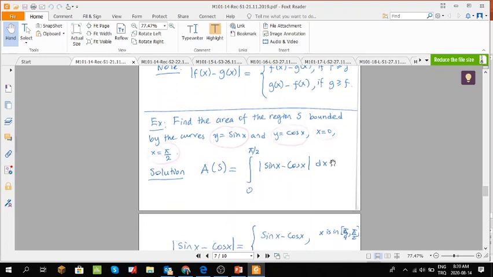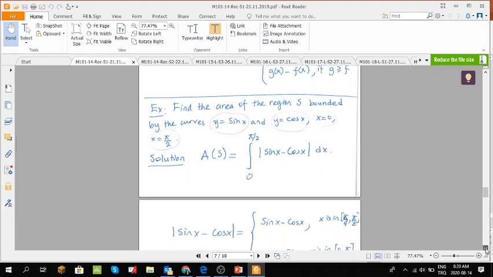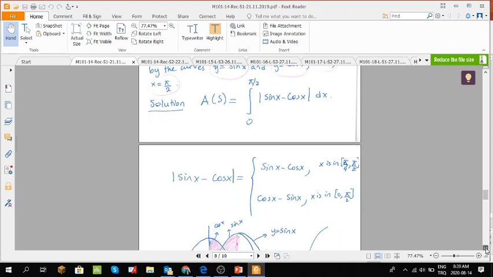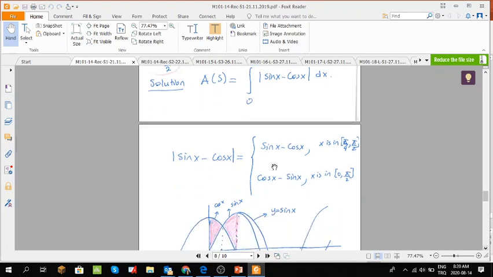Now this example: find the area of the region S bounded by the curves y equals sine x and y equals cosine x on the interval 0 to pi over 2. What you could do is draw the graph to see which one is bigger, or you can choose some points.